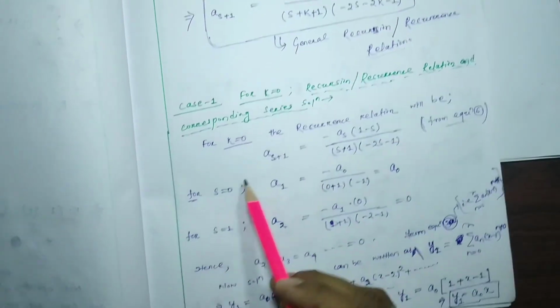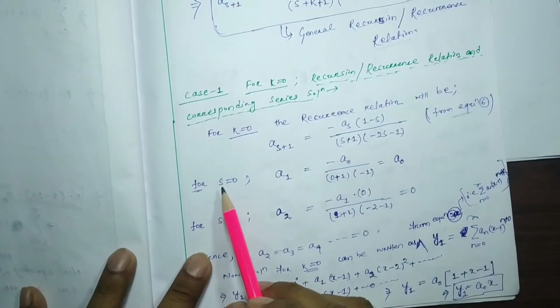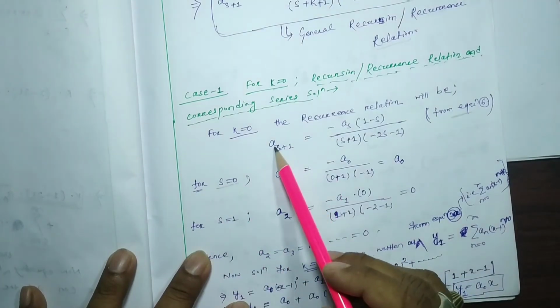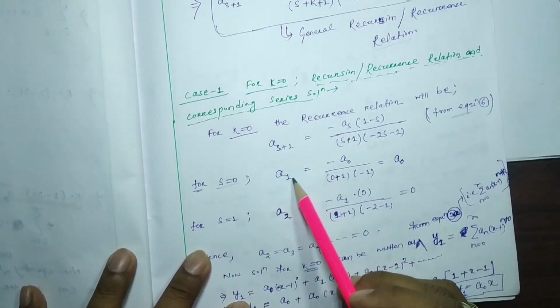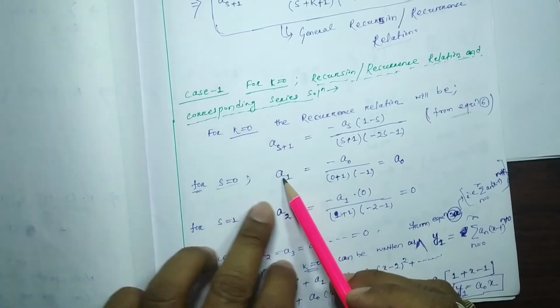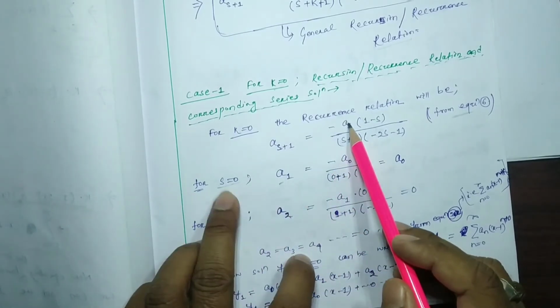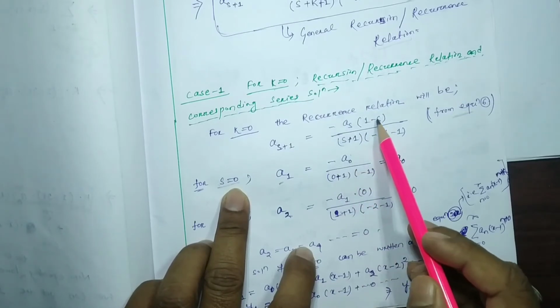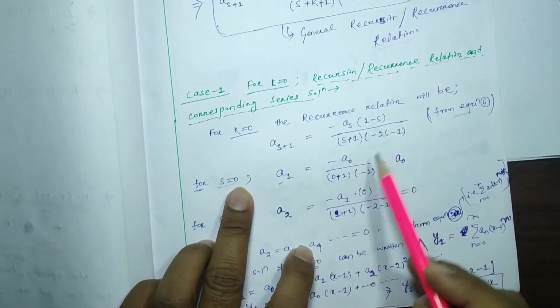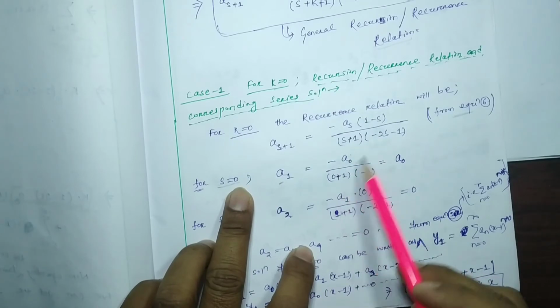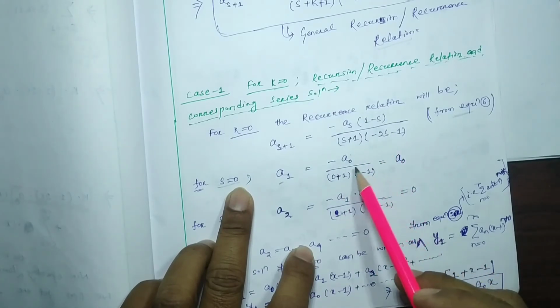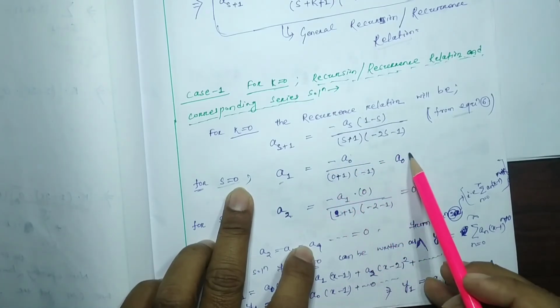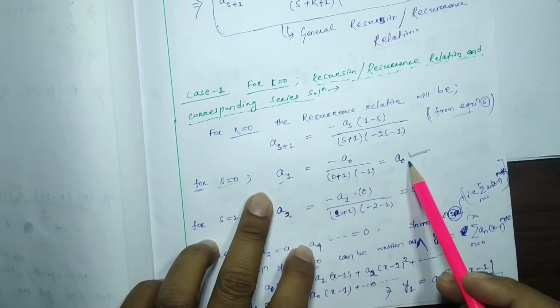Now we are going to put different s values. For s equal to 0, it gives a1. Putting s equal to 0, a1 will be minus a0 into 1 divided by 1 into minus 1, so a1 is equal to a0, right?